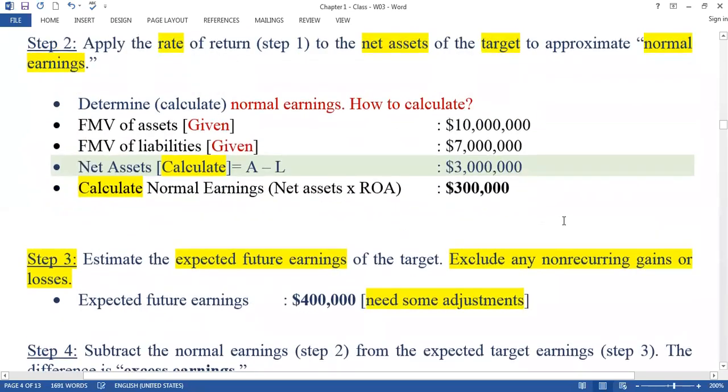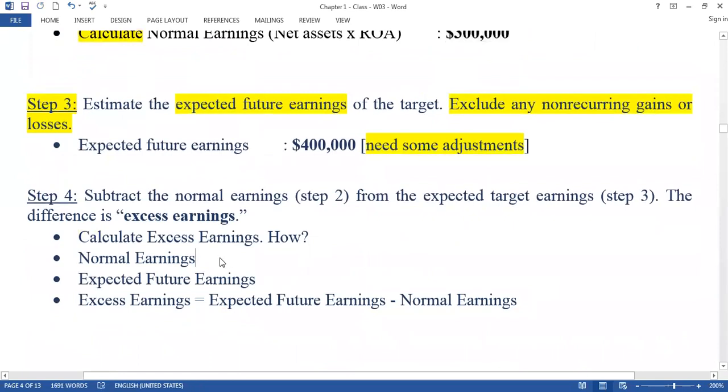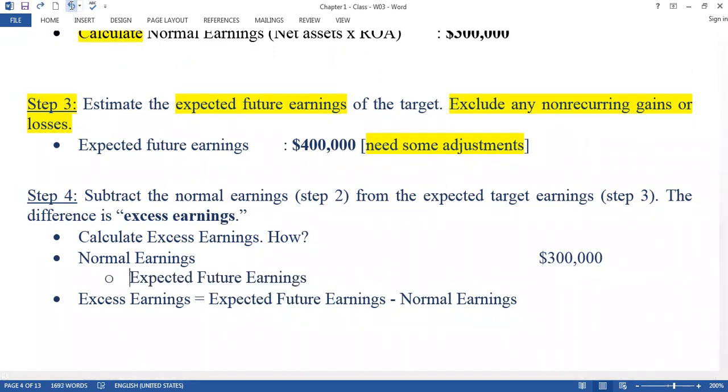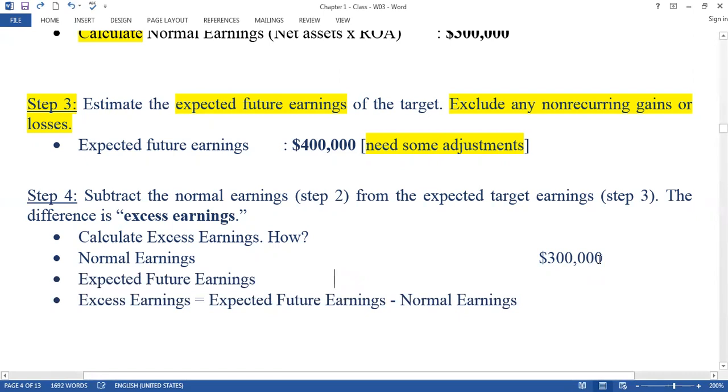And we know this information. It is something like $400,000, and this one is $100,000.